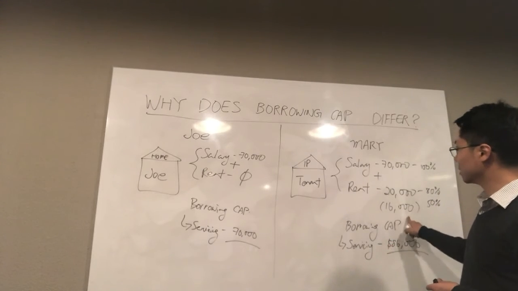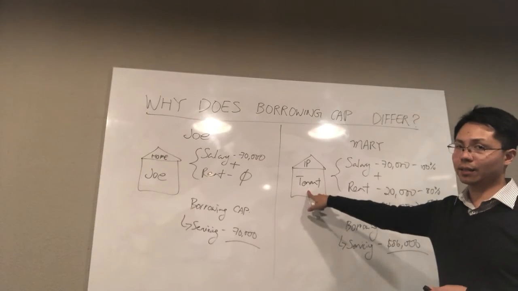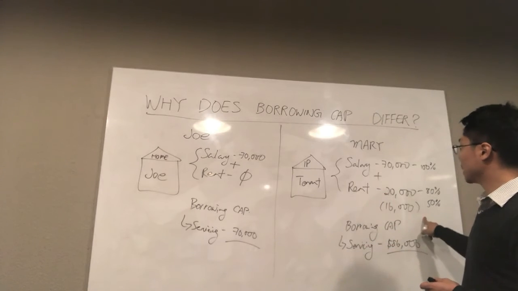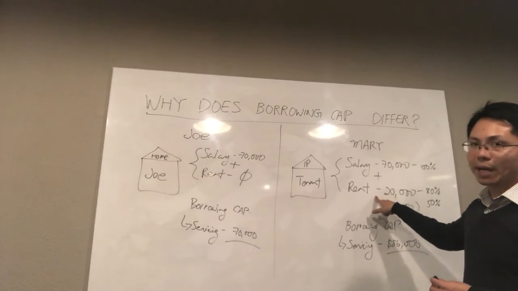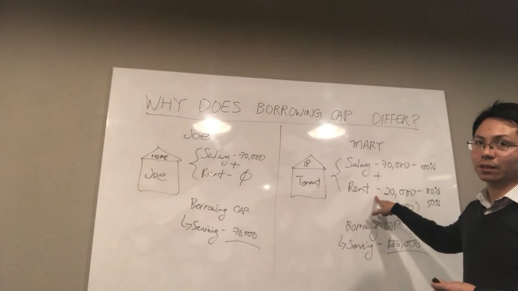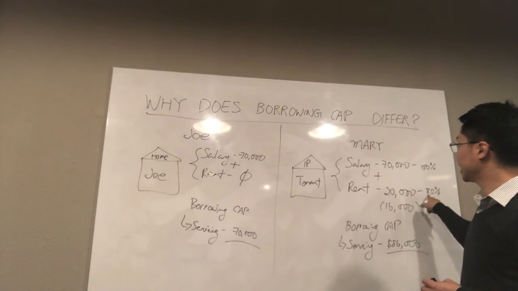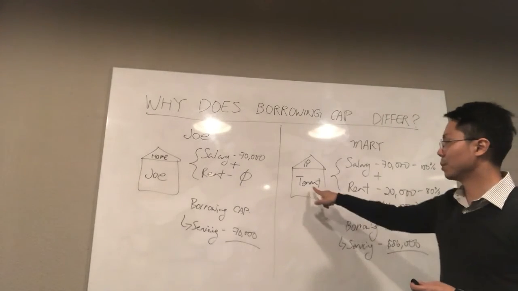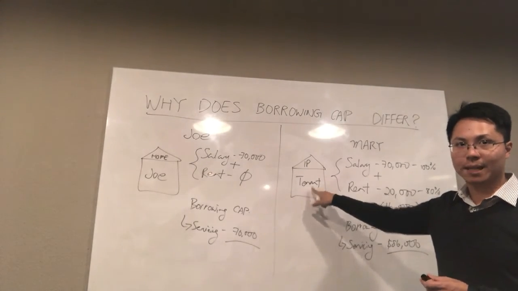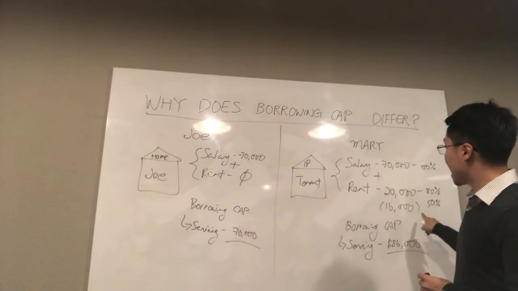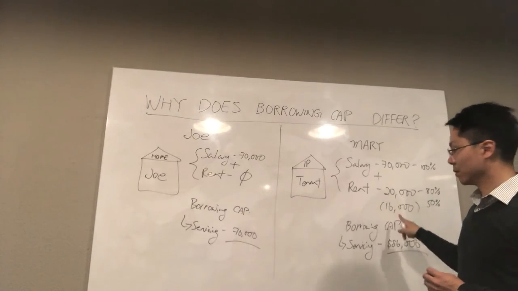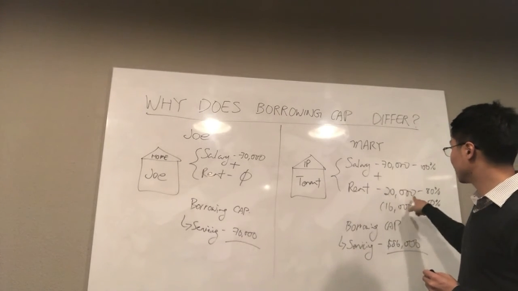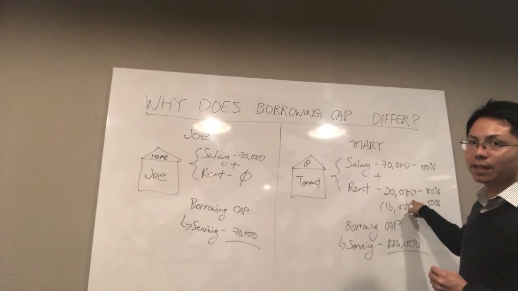So, if Mary bought something in South Brisbane, like a high-density apartment, and wanted to finance that through the bank, the bank might say, even though the tenant is paying $20,000 a year, I am not going to take 80% of that for servicing. Instead, I'm only going to take 50%, because this property is in a higher-risk area for me. As such, Mary's servicing income that can be used is $70,000 plus 50% of $20,000, which is $80,000.